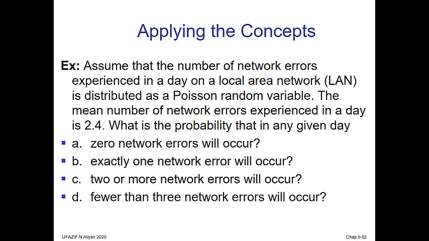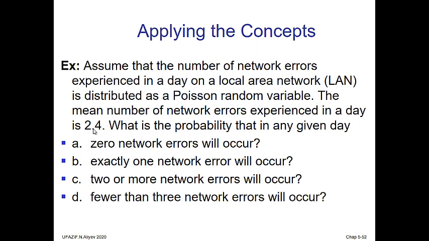Let's consider an example about application of Poisson distribution. Assume that the number of network errors experienced in a day on a local area network is distributed as a Poisson random variable. The number of network errors experienced in a day is approximately 2.4. This is the average number of network errors.